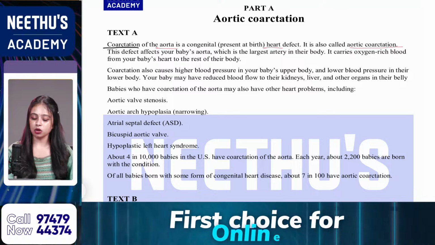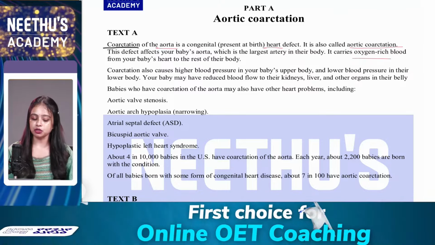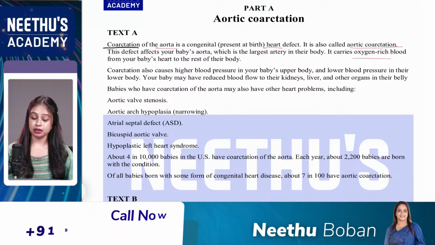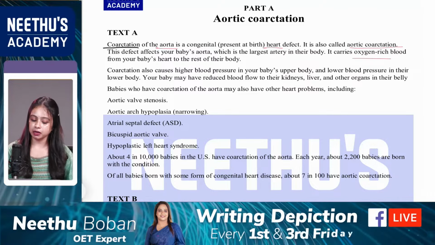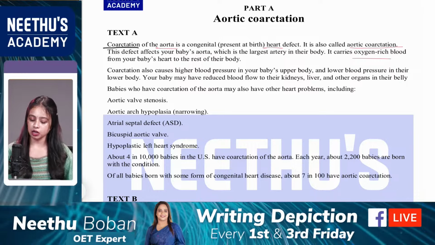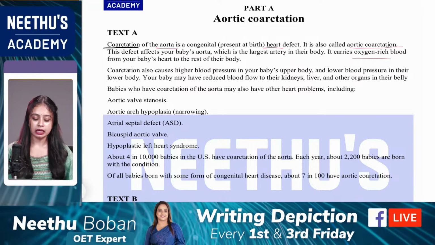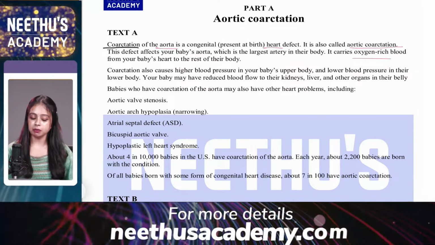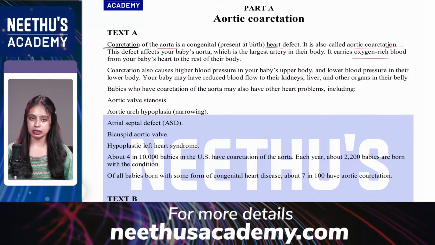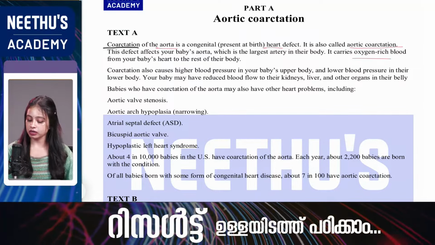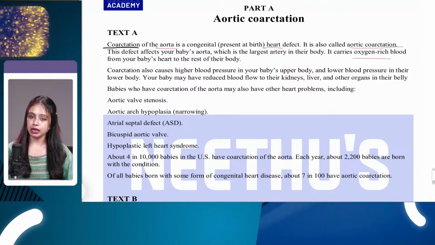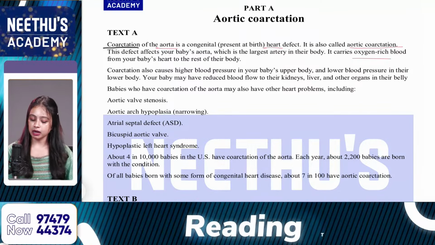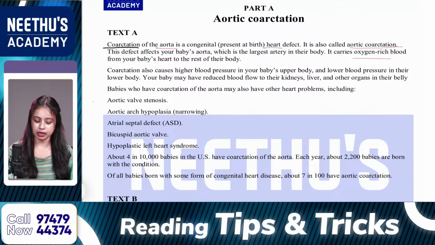It carries oxygen-rich blood from your baby's heart to the rest of their body. Coarctation also causes higher blood pressure in your baby's upper body and lower blood pressure in their lower body.